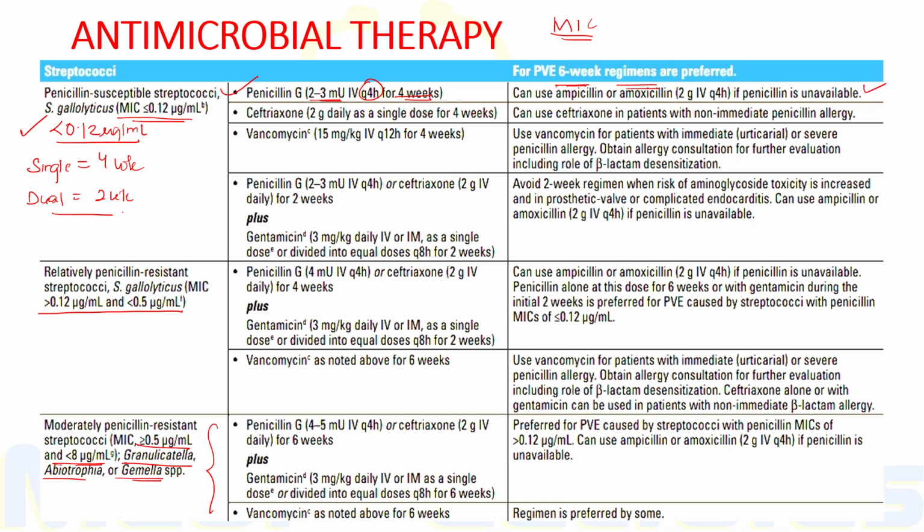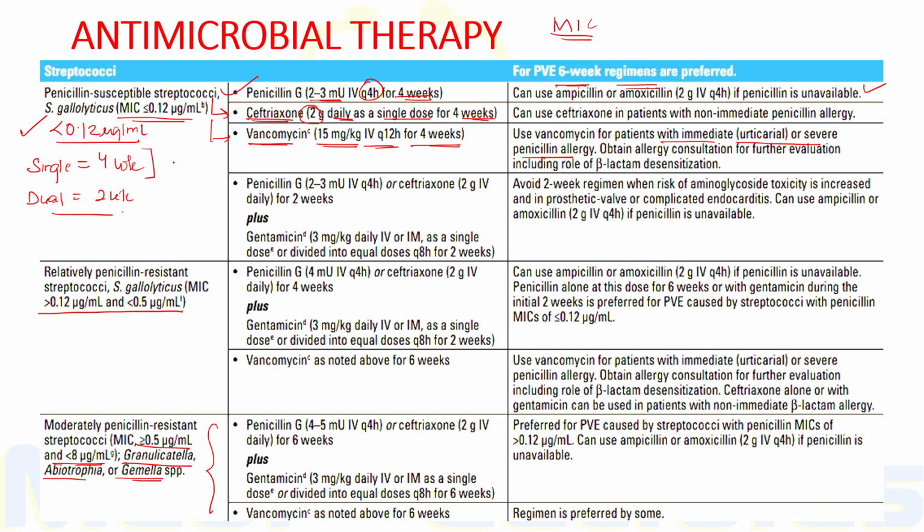If there is penicillin allergy, which is very common, we have two alternatives. For non-immediate penicillin allergy, we can give ceftriaxone 2 gram daily as a single dose for 4 weeks. On the other hand, patients who have immediate or severe penicillin allergy can be given vancomycin in a dose of 15 mg per kg IV every 12 hours for 4 weeks.